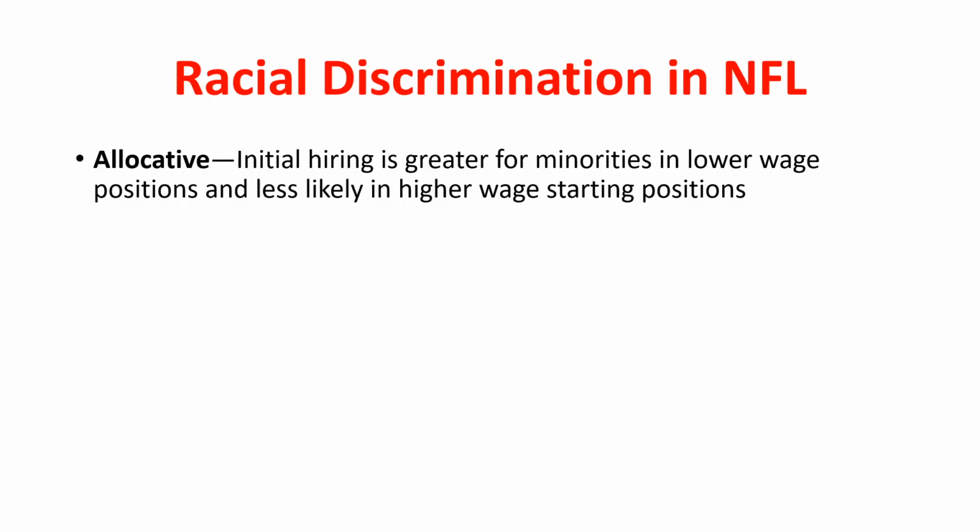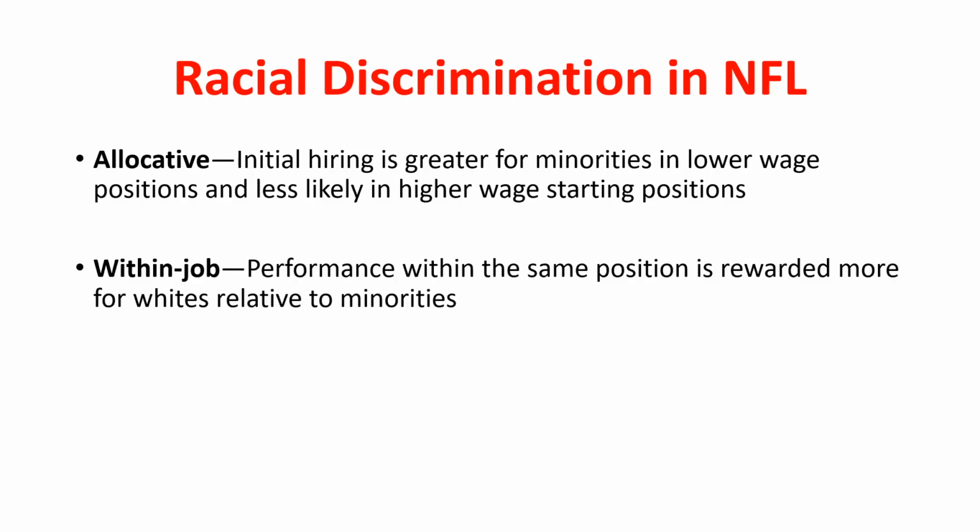And so if there's discrimination going on in the initial hiring process, it's going to look like there's discrimination going on at higher positions, and minorities are less likely to earn these higher wages.